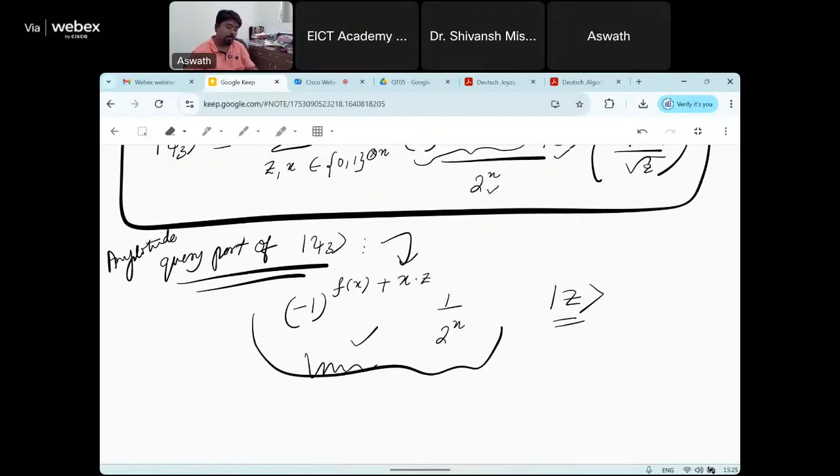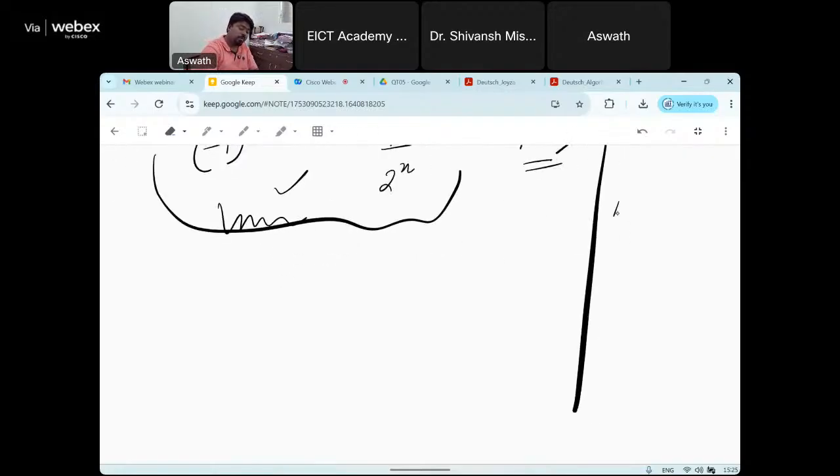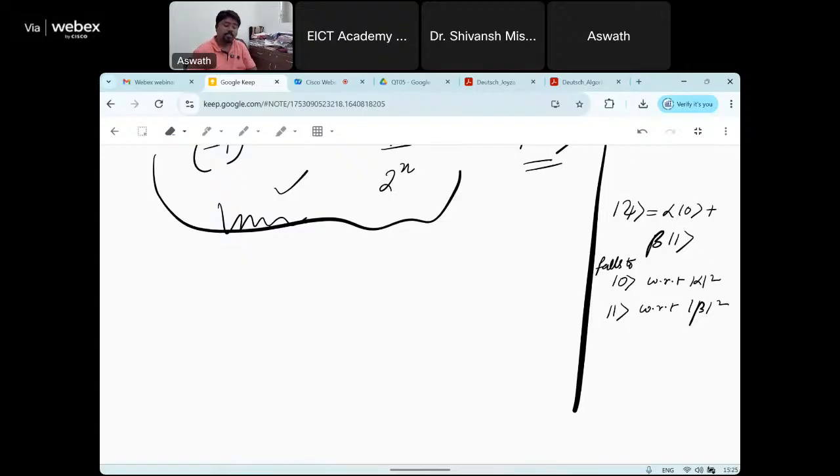Let me give an example of a quantum state being alpha 0 plus beta 1. When I make an observation on that quantum state, it falls to 0 with alpha square probability, and falls to 1 with beta square probability. That is what I mean when I make an observation.